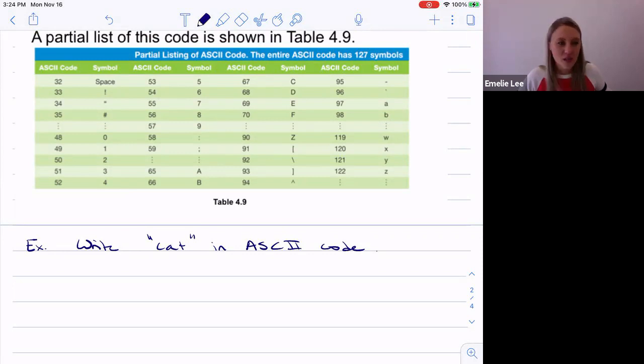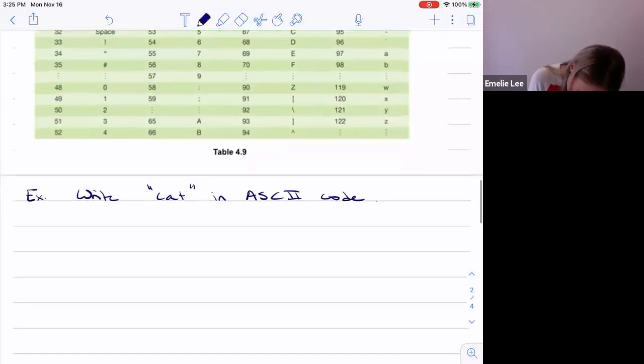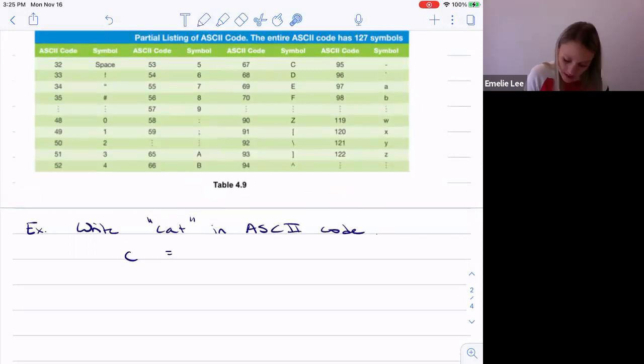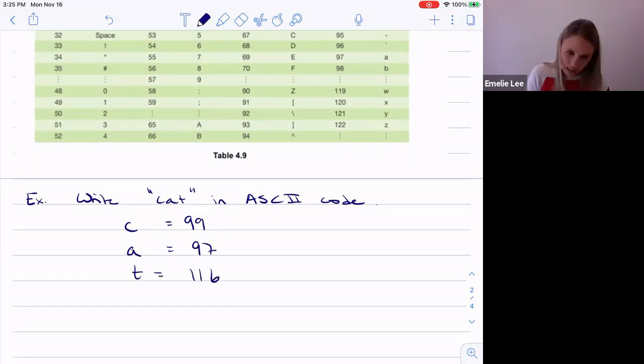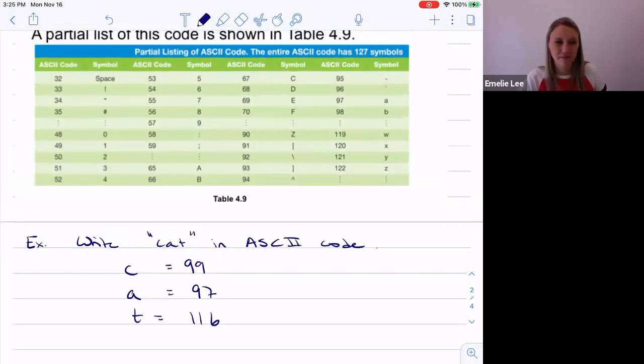Give me a C. A lowercase c is presumably 99, no reason for it not to be 99, even though we don't have the whole table. A lowercase a is 97, and a lowercase t, I'm going to tell you, is 116. You could figure it out, but why?